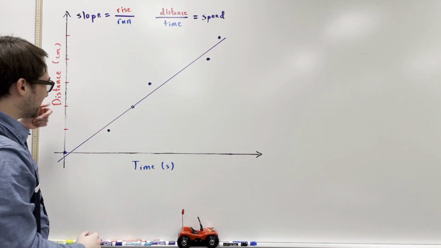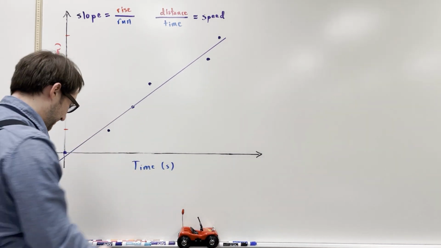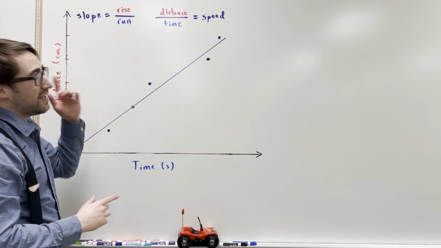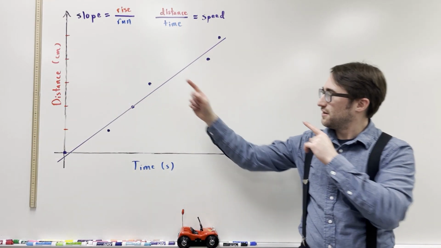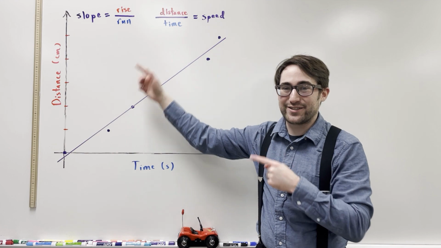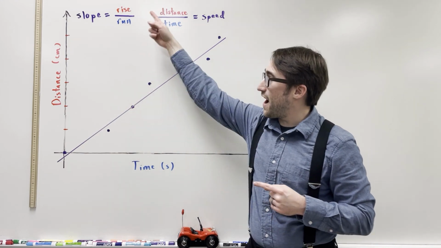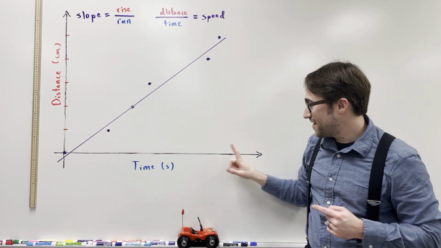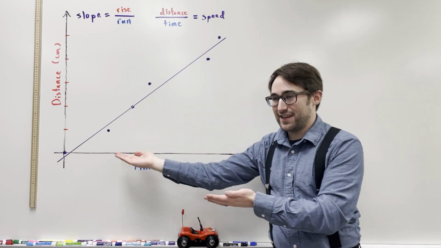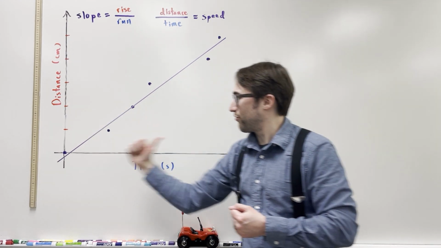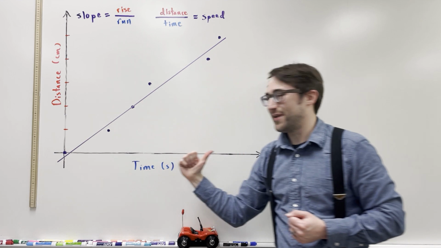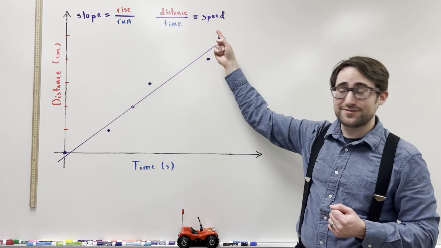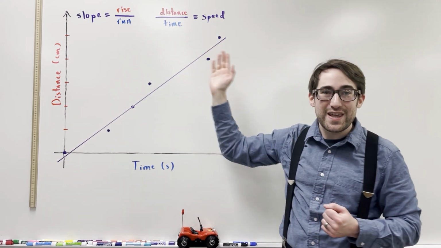How much we have to rise and then run to be able to hit the line. And in this case, distance on the y-axis going vertical is the rise, and time on the horizontal x-axis is the run. So our rise over our run is distance divided by time, which is speed. So the slope of the line is the speed of the tumble buggy.